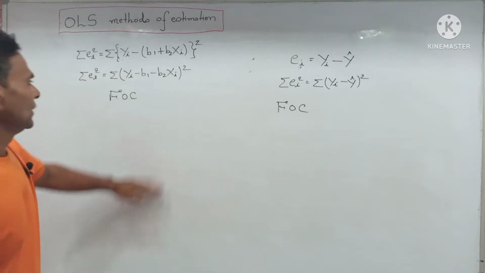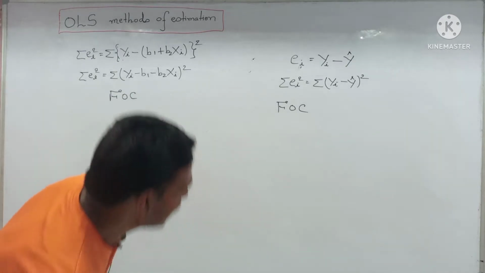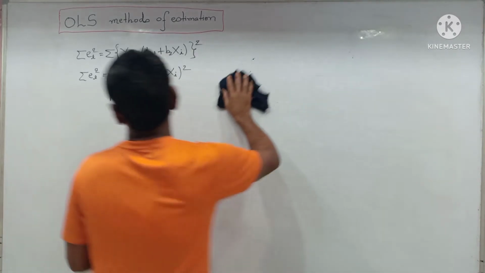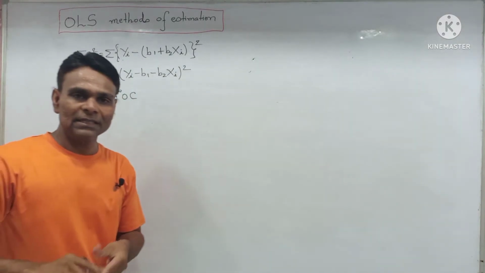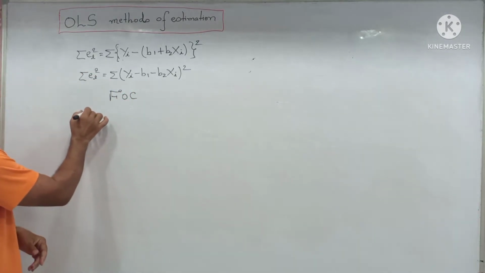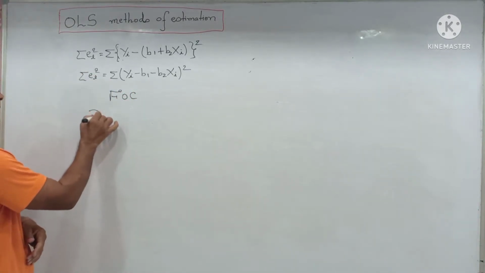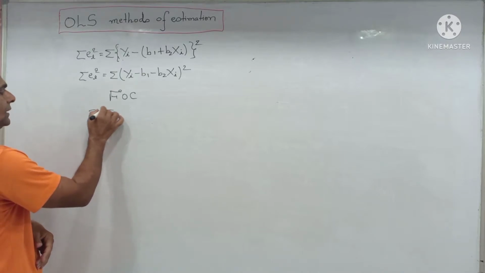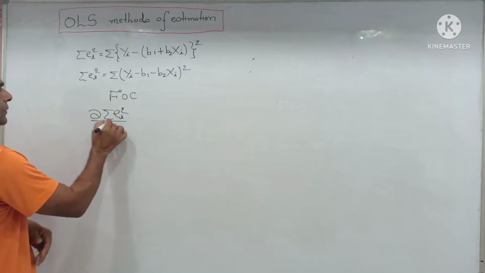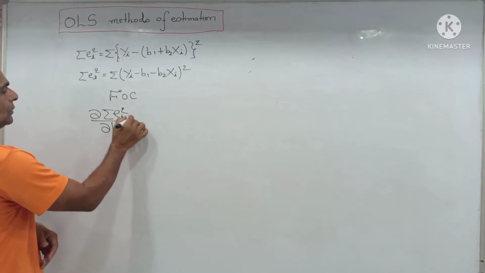So first we take the partial derivative of summation of e square with respect to parameters b1 and b2. First, del summation of e square with respect to b1 equal to 0.